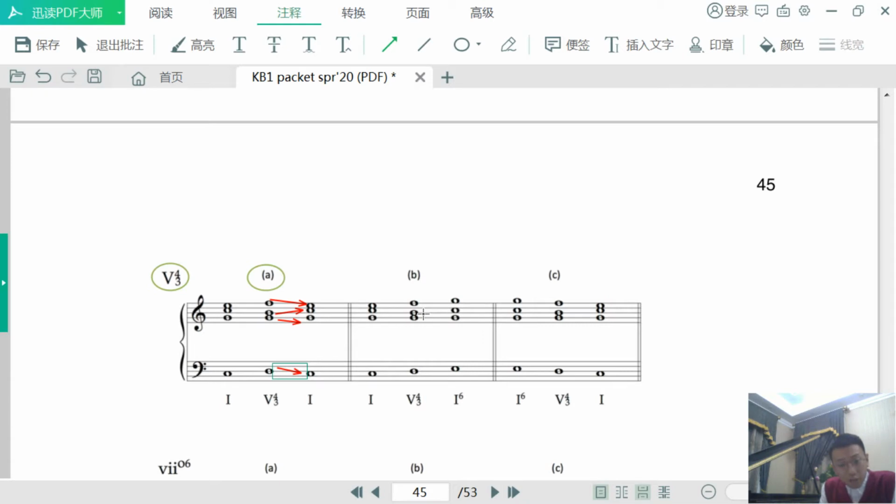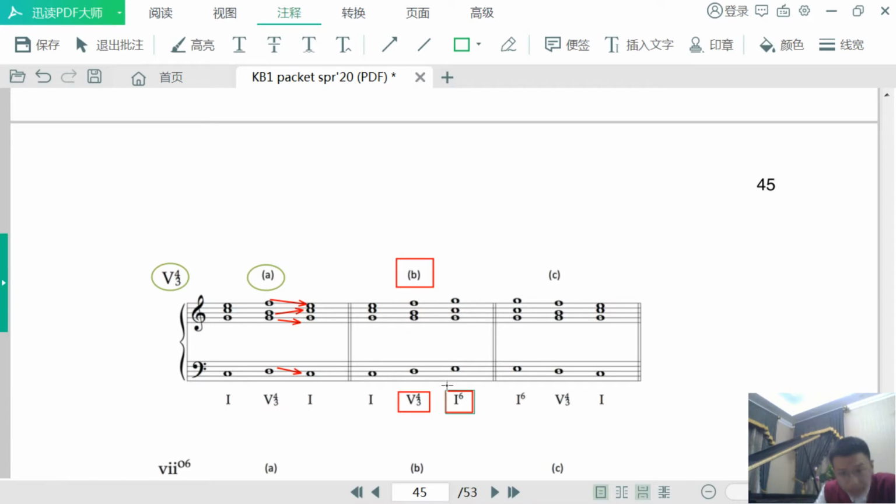So the 5-4-3 chord, I can tell you, usually goes to the 1 chord. However, let's go to section B, which is more interesting. Section B has 5-4-3 resolved to a 1-6 chord.